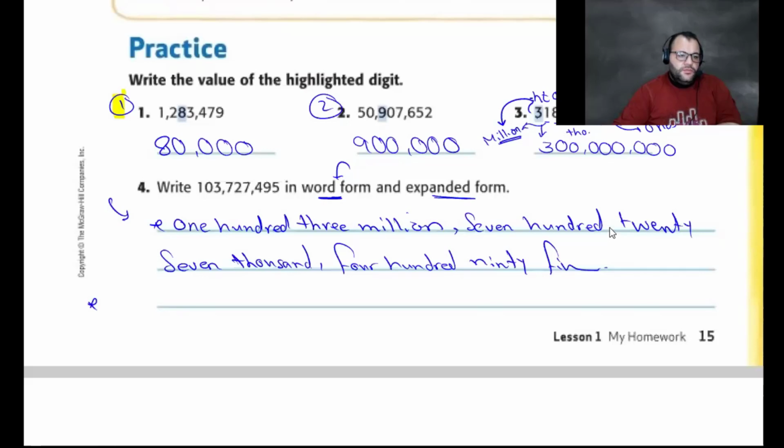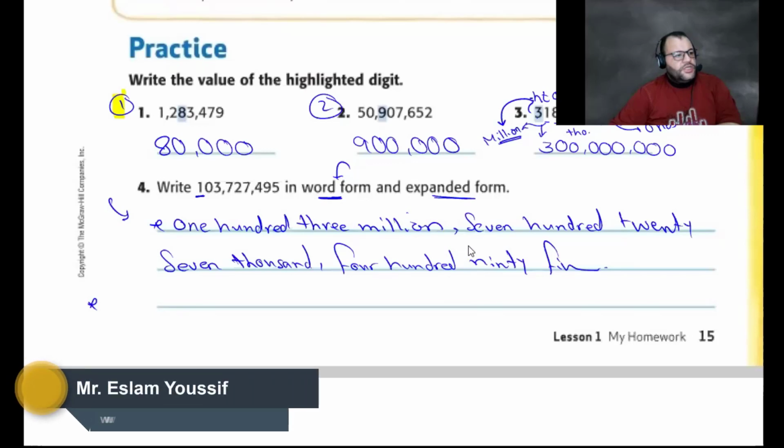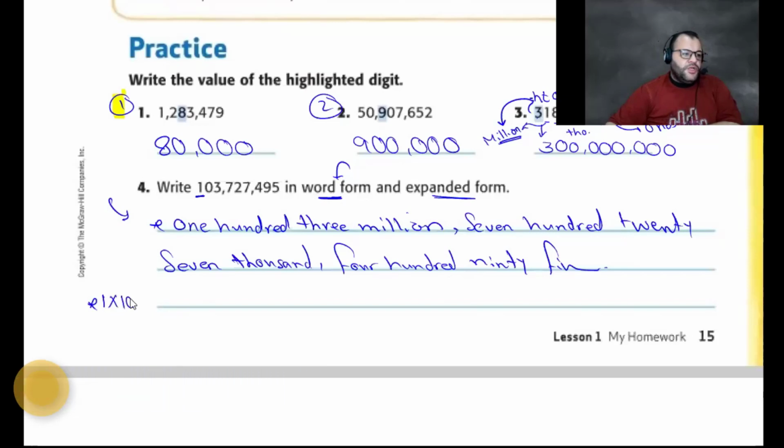1 times 100,000. 1 in which place? Not at the million. At the 100 million. So we can say that 1 times 100 million.